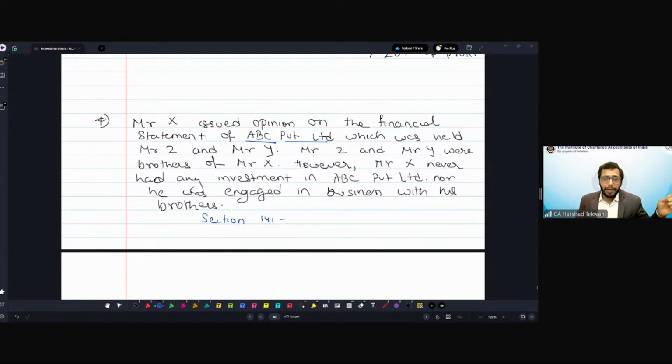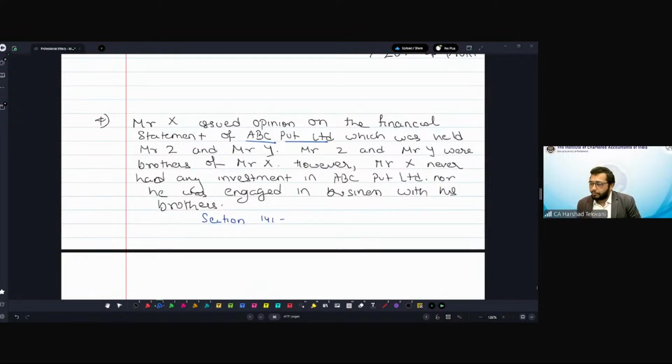Again, here Mr. X, Mr. Z, and Mr. Y are the members and owners of ABC Private Limited. In that case, it can be said that he is holding substantial interest because the brothers or relatives of the member are holding a substantial portion of the company, which is more than 20%. So again, this clause will get attracted.